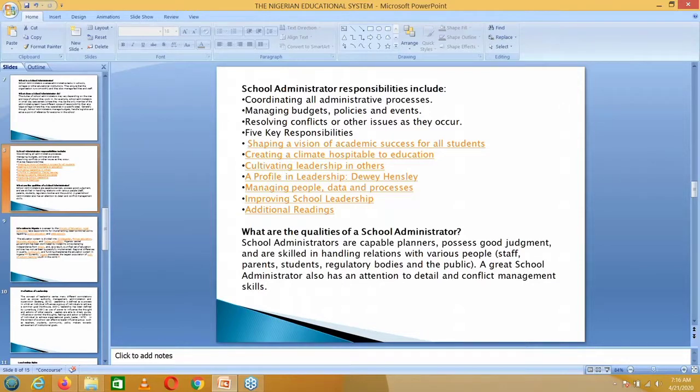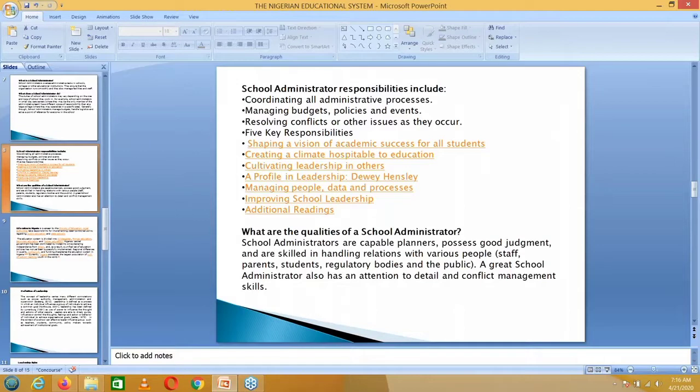It should cultivate leadership skills, you understand, because he's being seen as a leader. Even the students see the administrator as either a father or a mother, a parental figure within the school.